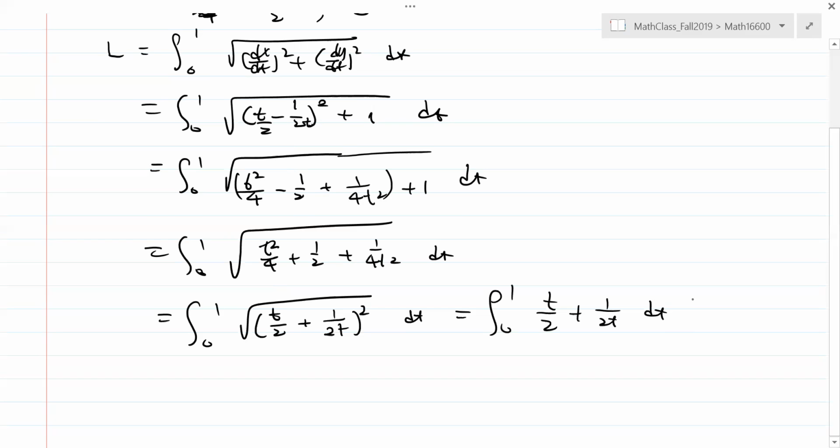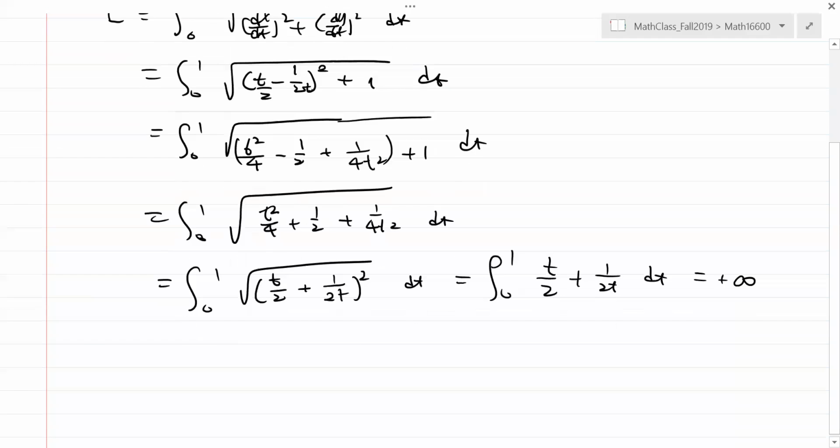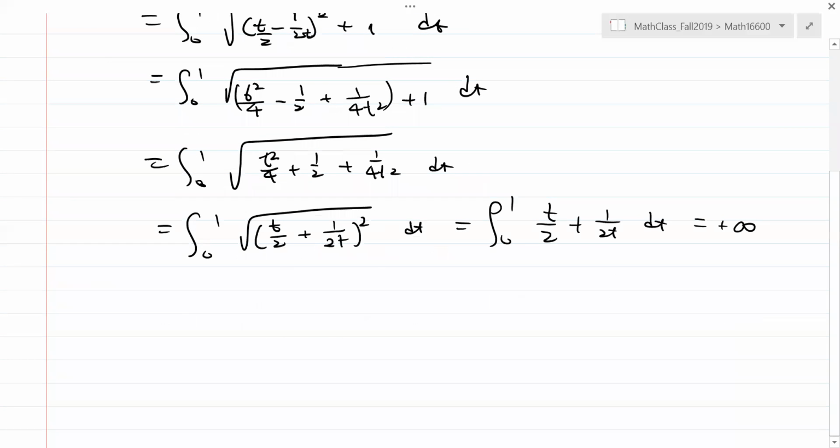So this has infinite length, and the exact value is clearly infinity. If I change the interval, like from 1 to 2 or from 1 to 10, you get a finite number. So I did not pick the right function, this is just an example.